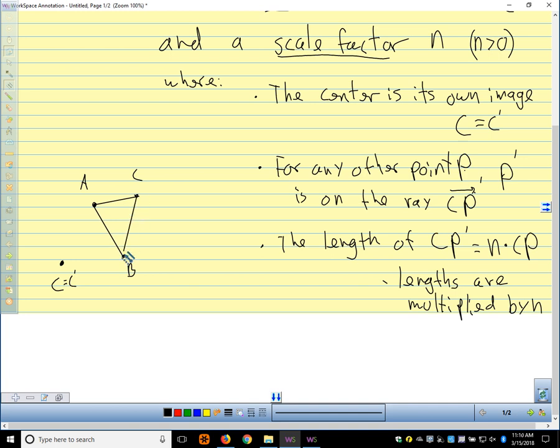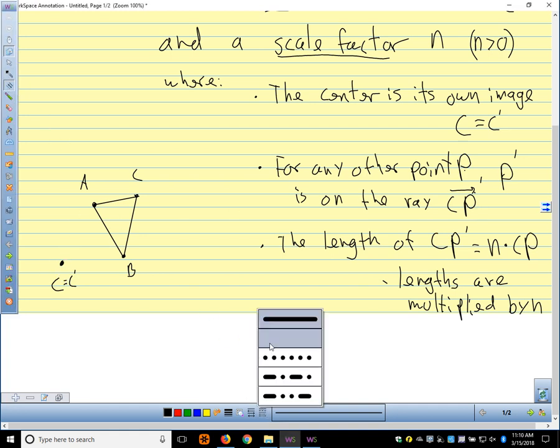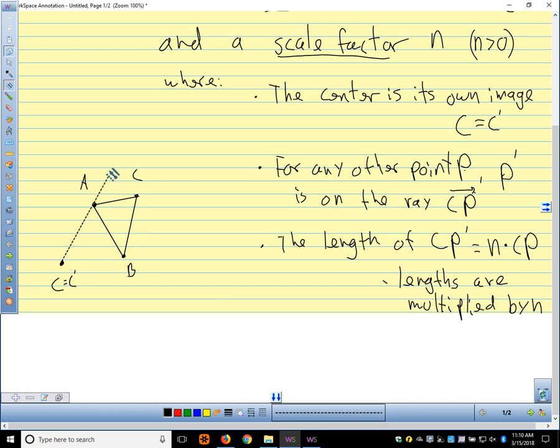Well, it tells us that the image is on this ray from C to P. So we do a ray from the center through each point. So there's one ray, there's another ray, and there's a third ray.